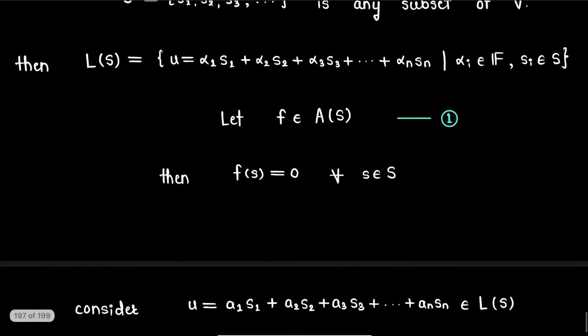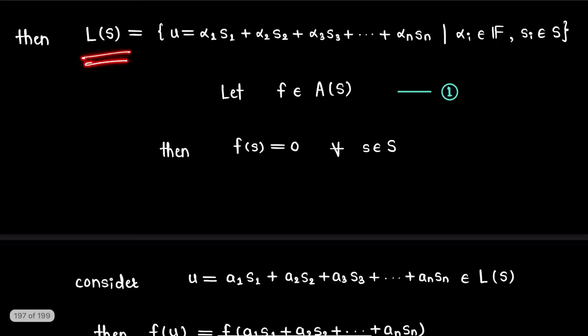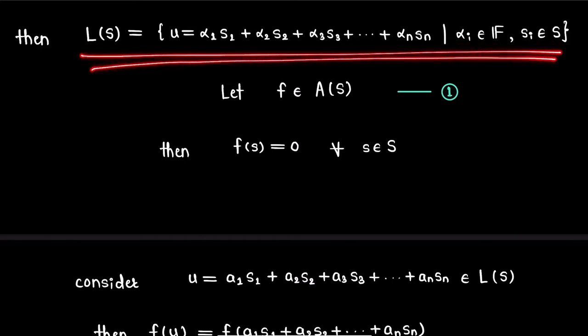Then we know that the linear span of S is the set of all those vectors U which are of the form alpha 1 S1 plus alpha 2 S2 plus alpha 3 S3 and so on plus alpha n Sn, such that the alpha i are scalars coming from field F and the Si's are vectors coming from set S. We call this the linear span of set S.